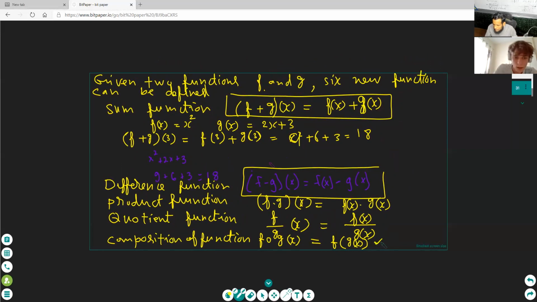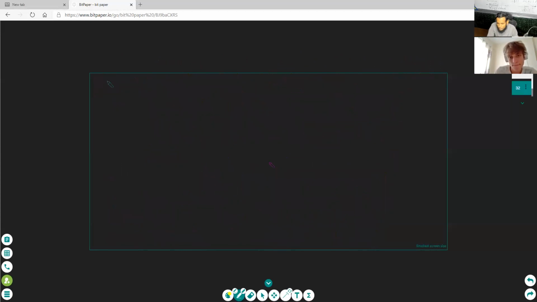I can see, but I cannot see the down part. I cannot see the composition of function. Wait, I will write it on the next page. Can you see my writing now? Yeah, I can see the composition of function.